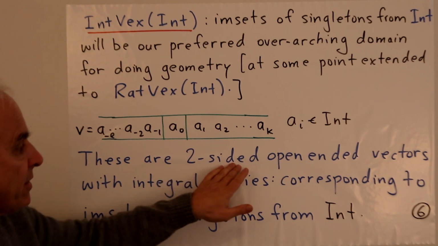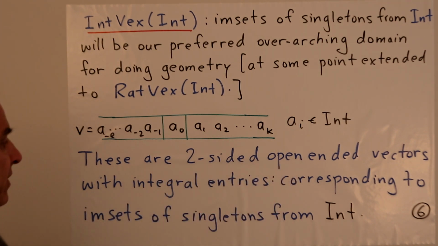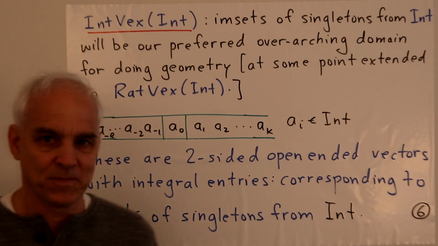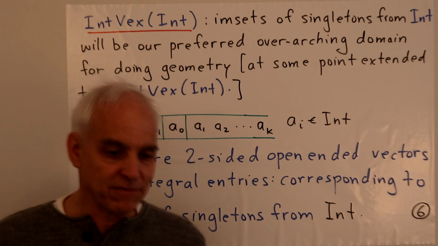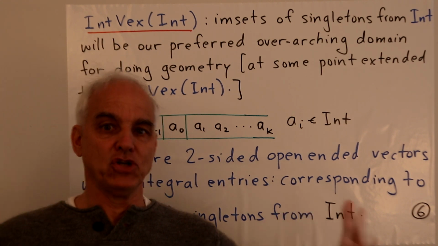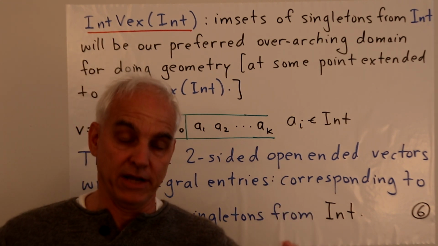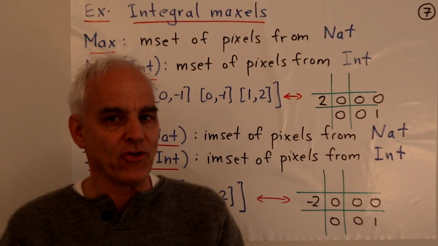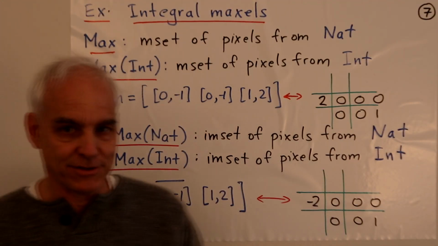So these are two-sided open-ended vectors with integral entries, and they correspond to imsets of singletons from int. We're going to say this is a lovely framework for thinking about geometry and linear algebra in a very big way.